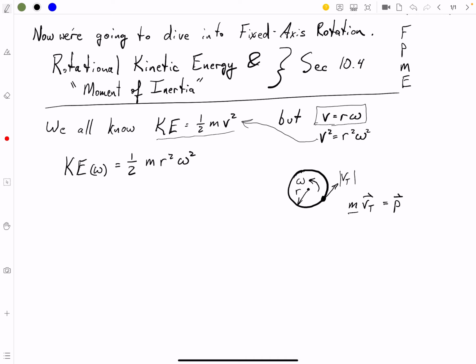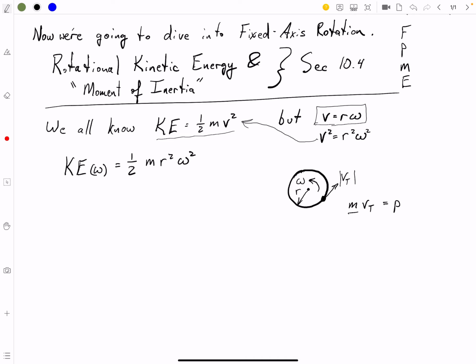Its direction does. So, in fact, why don't we just get rid of those and deal with the absolute value. Okay, so fine. This thing's going along, and we can calculate what its 1/2 mv squared is.